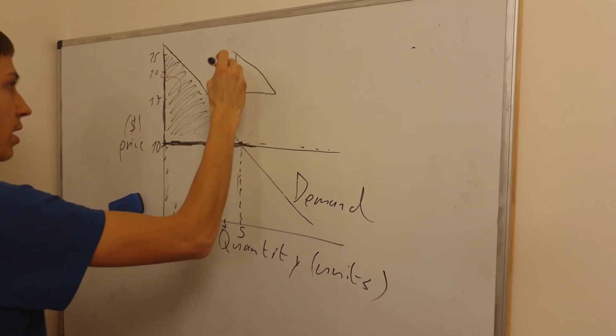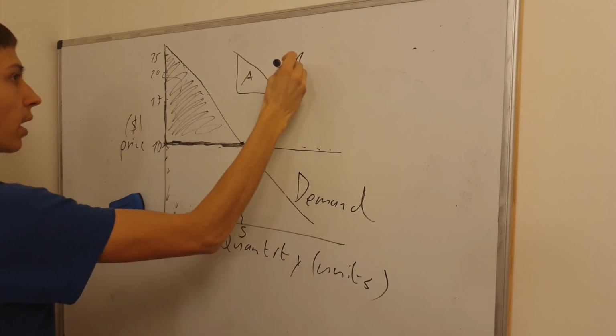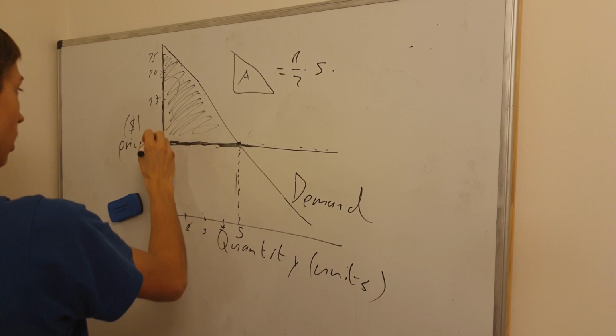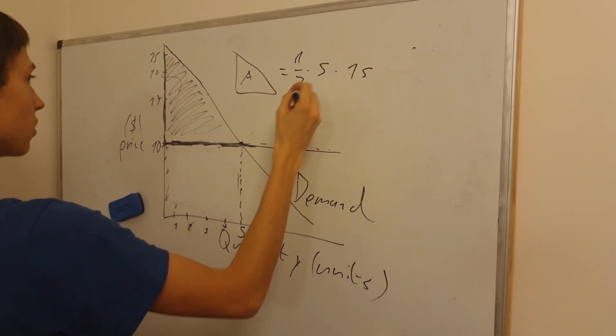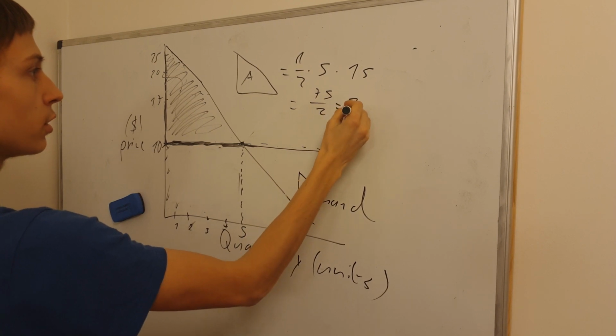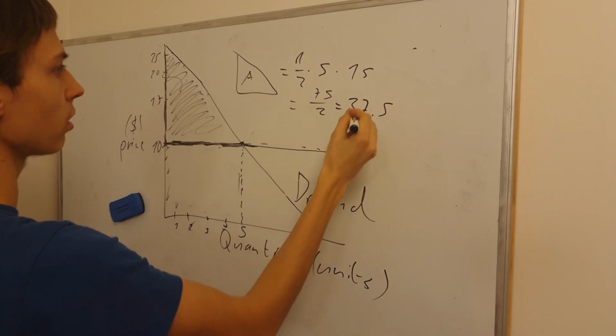So if you calculate the area of this triangle, it's going to be 1/2 times 5 times 15. So it's going to be 75 over 2, 37.5, I think.